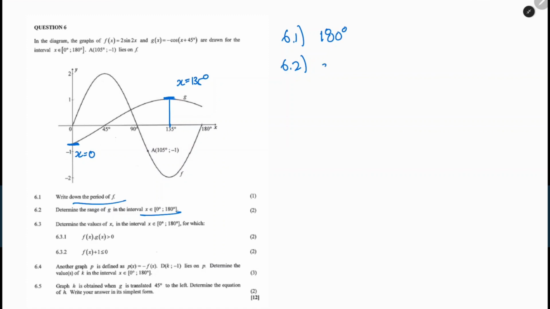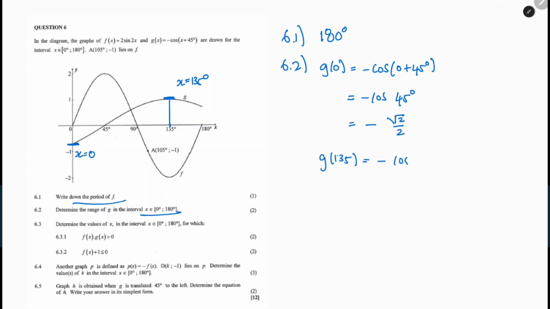So we want g of 0, so that is minus cos of (0 plus 45 degrees), and that's going to give us minus cos of 45 degrees. And you should know your special angles. That's going to give us minus root 2 over 2. And then we also plug in g of 135.